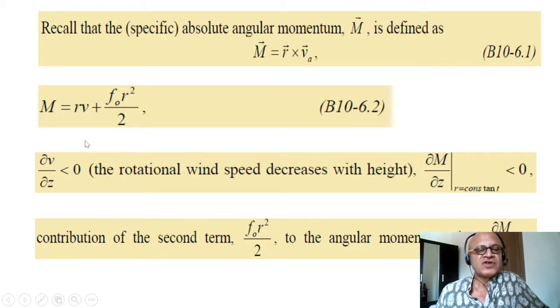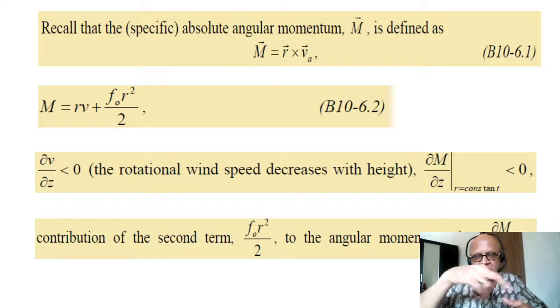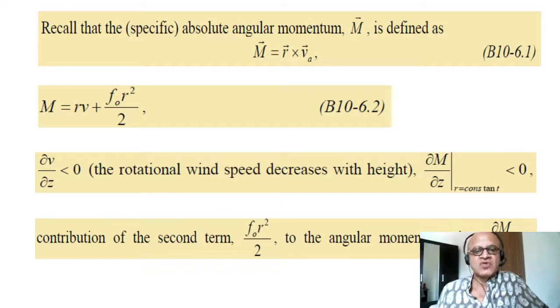But if you go in the vertical, dV/dz is less than 0 because the fastest wind speeds are near the surface, so the angular velocity is highest at the lower levels and decreases as you go up. So dm/dz then becomes less than 0 if you remain at constant r.